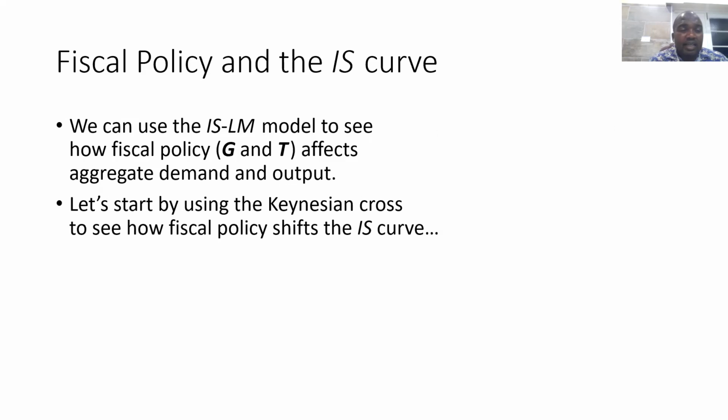Fiscal policy and the IS curve. We can use the IS-LM model to see how fiscal policy, that is the fiscal policy variables G and T, affects aggregate demand and output. We'll start by using the Keynesian cross model to see how fiscal policy shifts the IS curve.